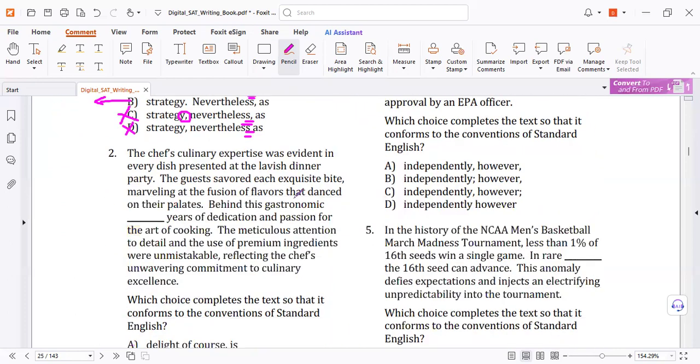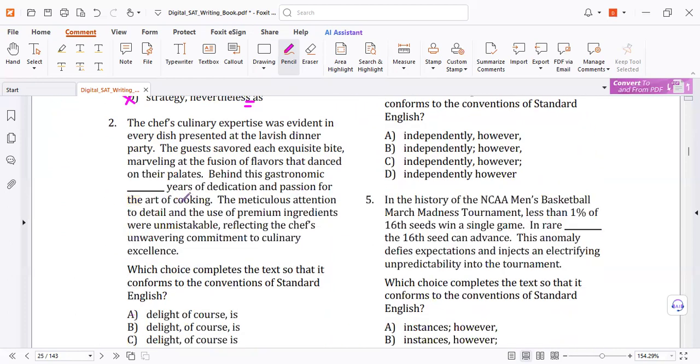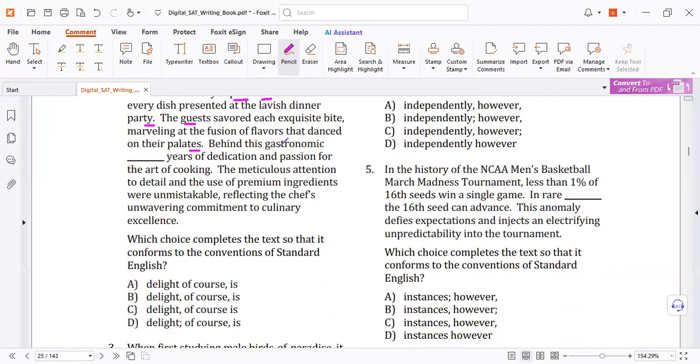Let's try again. Here we have many sentences. Check very carefully. Chef, subject, verb, and then sentence. Look here.